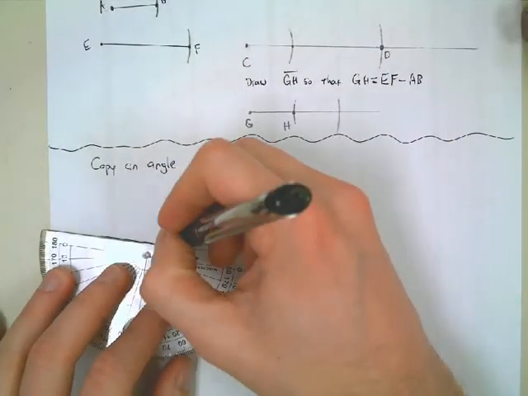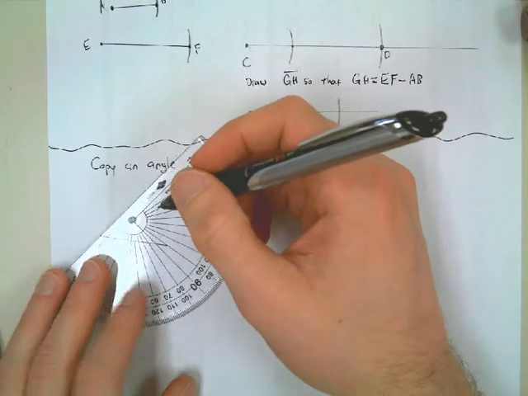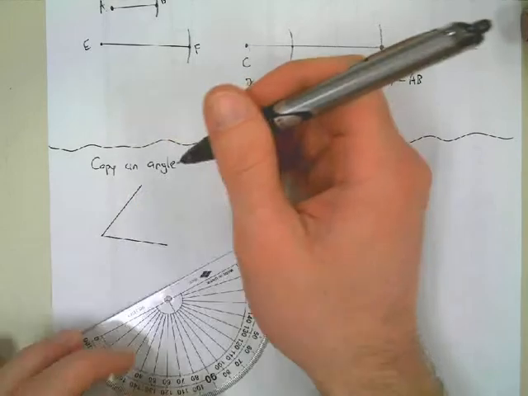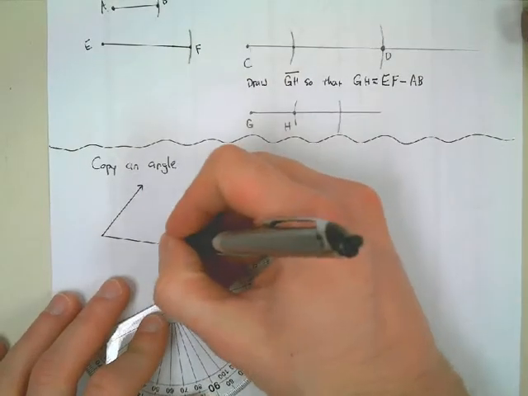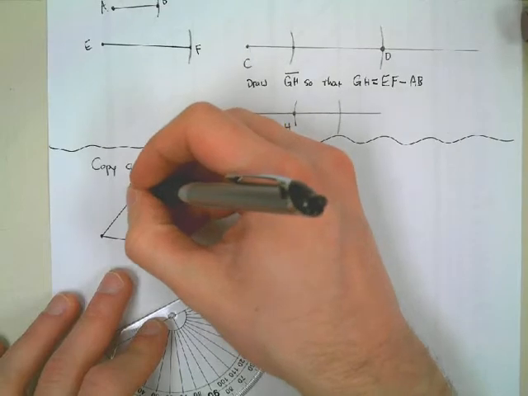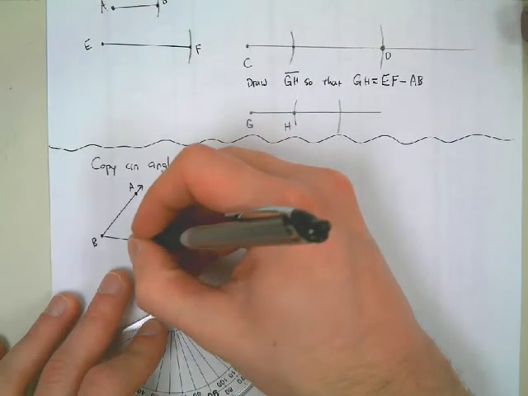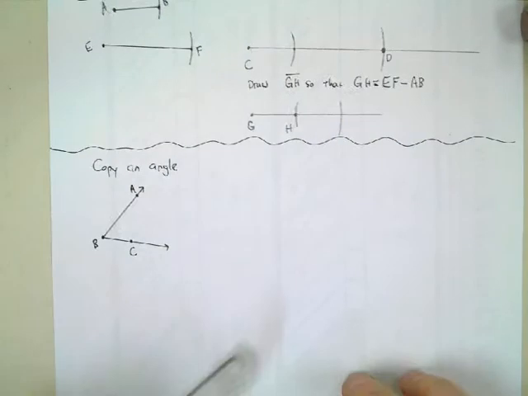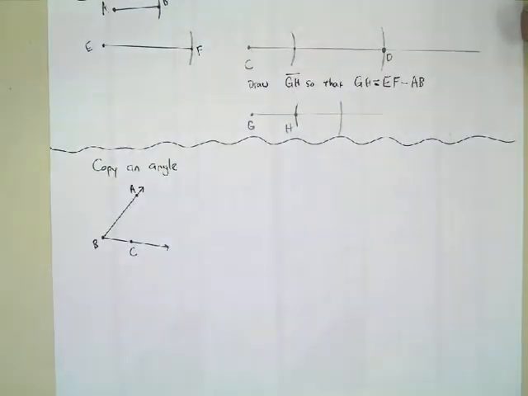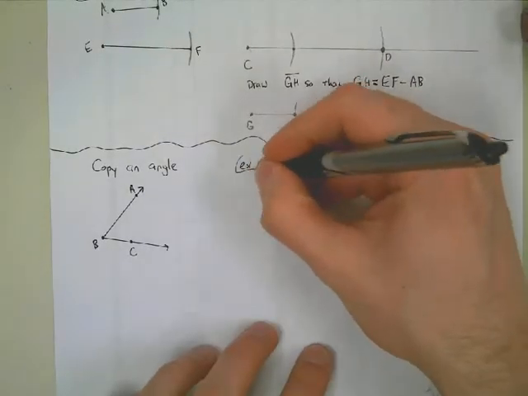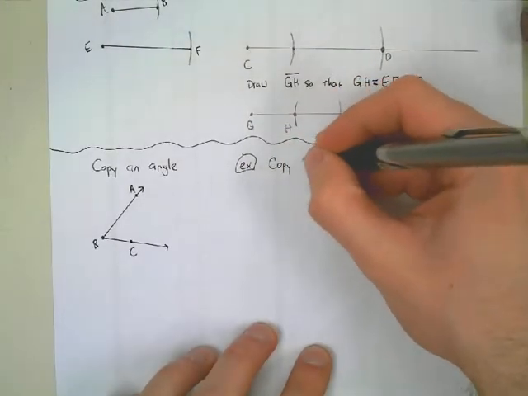I'd suggest starting with an acute angle first, and then we'll do an obtuse angle. All right, so we'll call this angle A, B, C. And over here then, as an example, we will copy angle A, B, C.